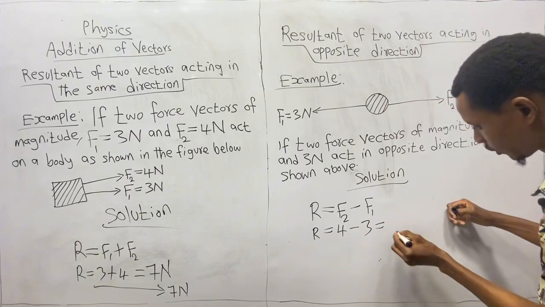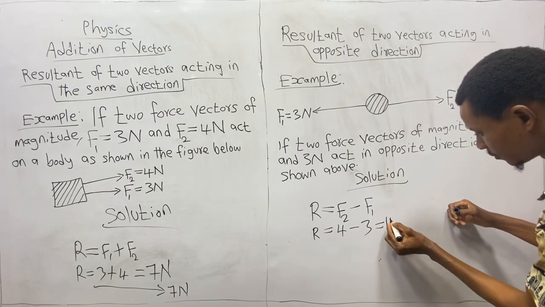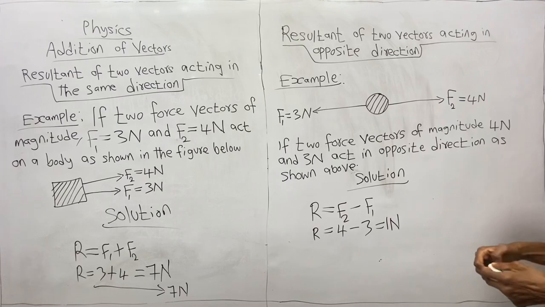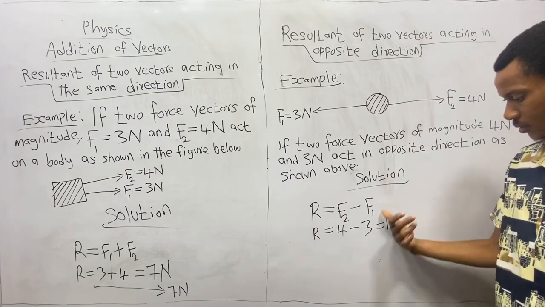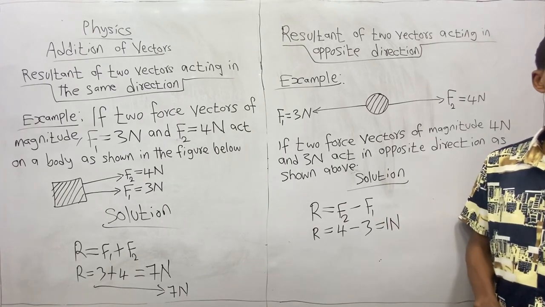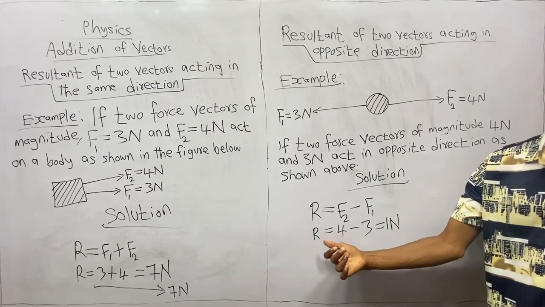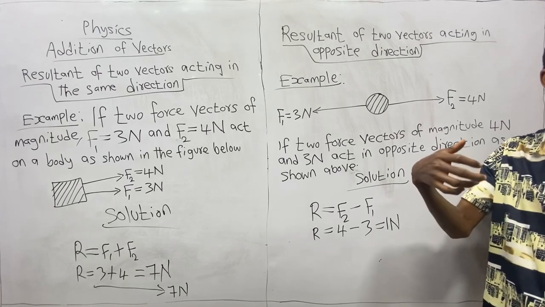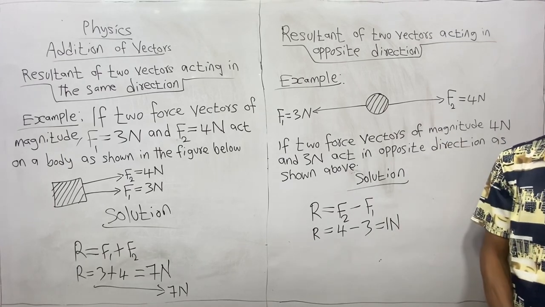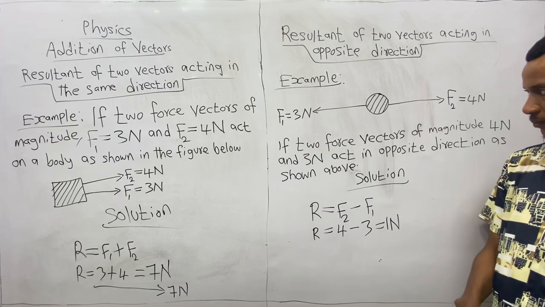So 4 minus 3 gives us 1 Newton. So this 1 Newton is the magnitude of the resultant force vector.